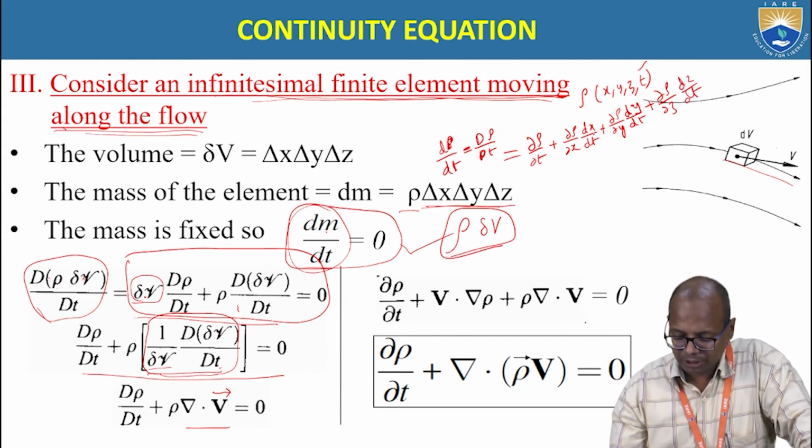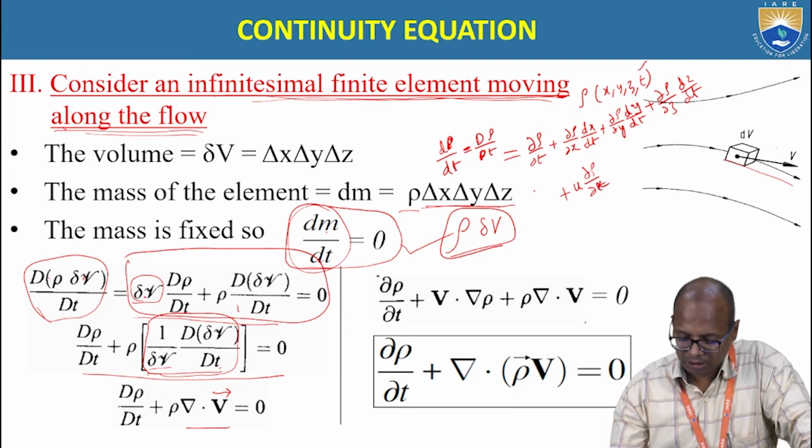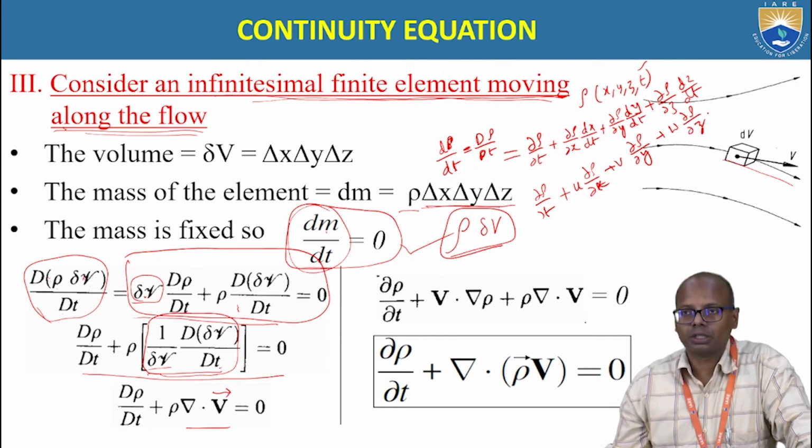Now dx by dt, dy by dt, dz by dt, we all know are u, v, w. So it is dou rho by dou t plus u into dou rho by dou x plus v into dou rho by dou y plus w into dou rho by dou z.